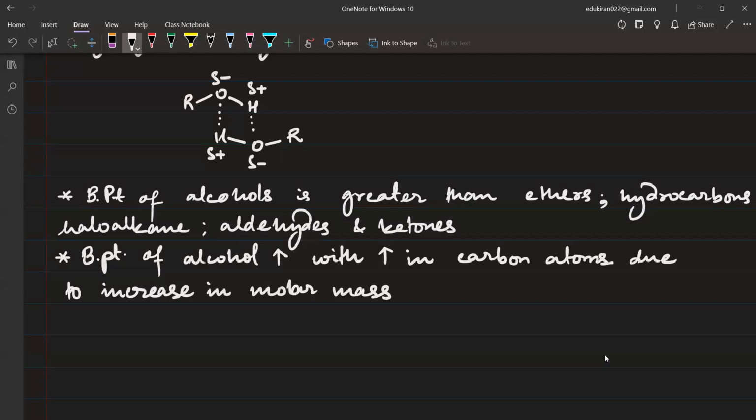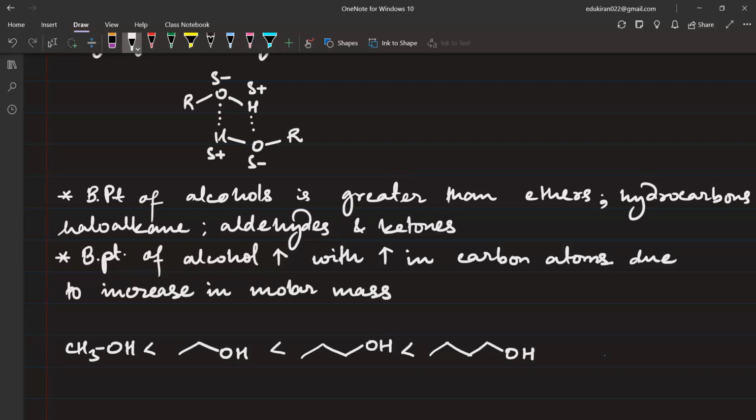So instantaneous dipole can occur if you have large mass. Large mass means more proton, more electron, so that separation of charge can be easier. Now that is why we can write CH3OH least, followed by ethyl alcohol, followed by propyl alcohol. So what is BPT means? Boiling point. Got it?